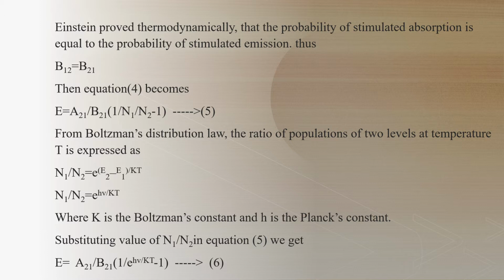N1 by N2 equal to e power hν by KT, where K is the Boltzmann constant and h is the Planck's constant. Substituting values of N1 by N2 in equation 5, we get E equal to A21 by B21 of 1 by (e power hν by KT minus 1). This is known as the sixth equation.